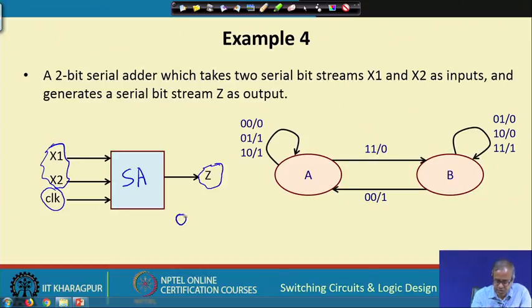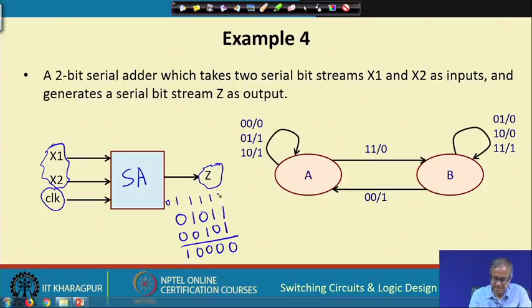When you add two numbers like 01011 and, let us say, 00101, 1 plus 1 is 0 with a carry of 1, 0 with a carry of 1, 0 with a carry of 1, 0 with a carry of 1, 1 with a carry of 0. Now, initially carry is 0.